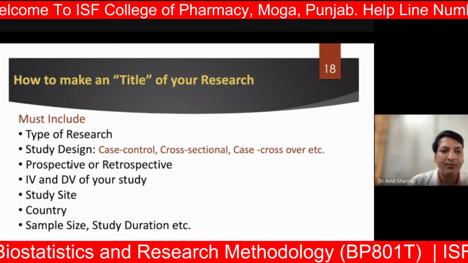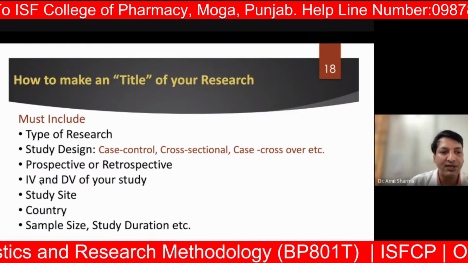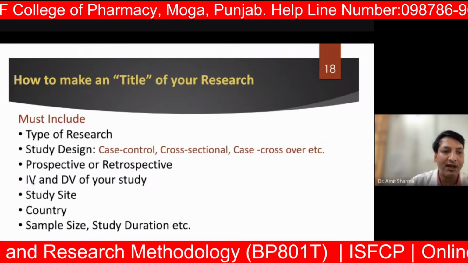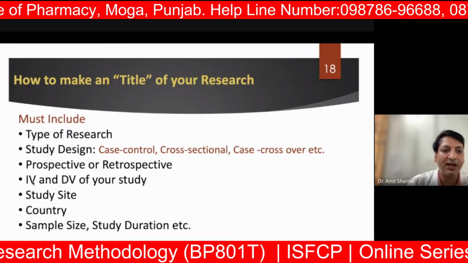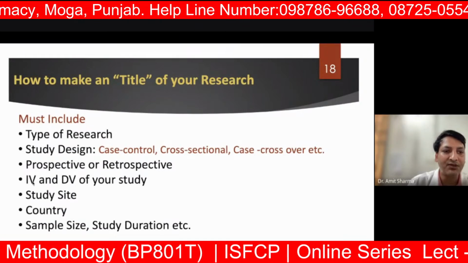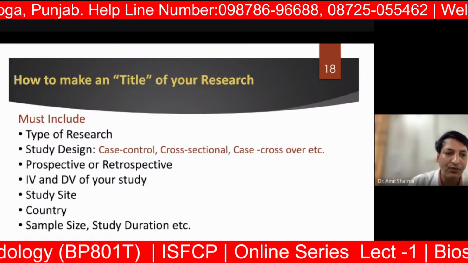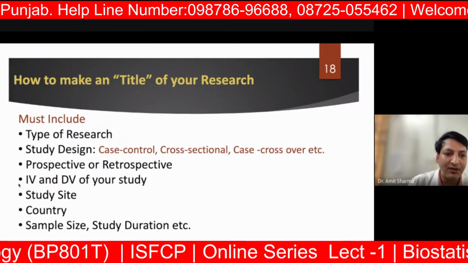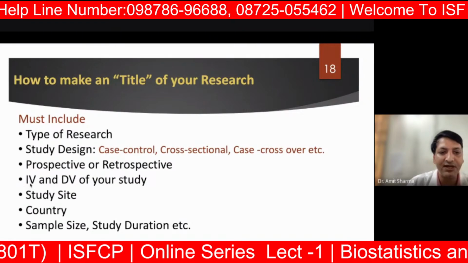Prospective and retrospective are not that important, but as I showed in the example, directly adding the independent variable and dependent variable in the title will have more impact than the type of research or study design. And if you want, you can add the study site, the country, the sample size and the study duration.